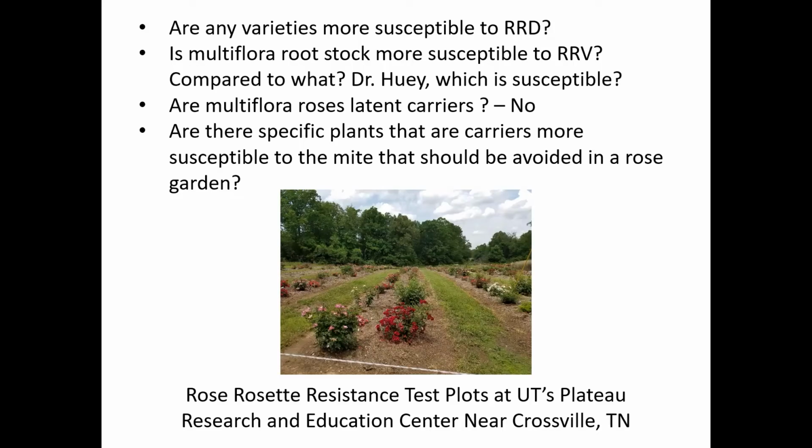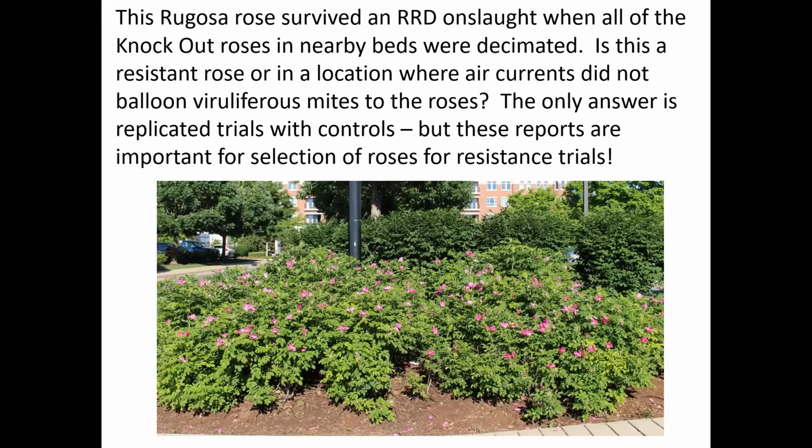So we've tested multiple accessions as well. And that's some of our trial plots near Crossville at the Plateau Research and Education Center. Now, here is a picture of a large rugosa rose in front of a hospital in Murfreesboro, Tennessee, which is south of Nashville.